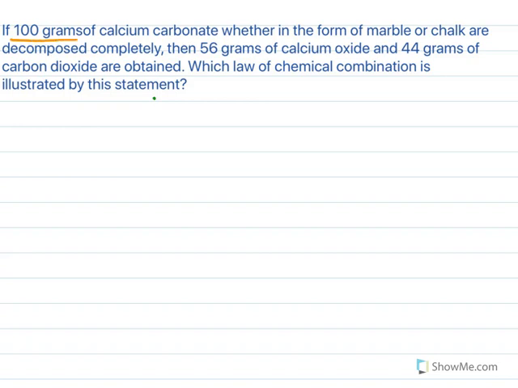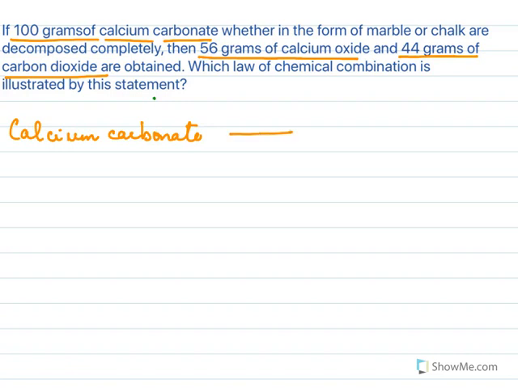If 100 grams of calcium carbonate in the form of marble or chalk are decomposed completely, then 56 grams of calcium oxide and 44 gram of carbon dioxide are obtained. So we have calcium carbonate is decomposed.